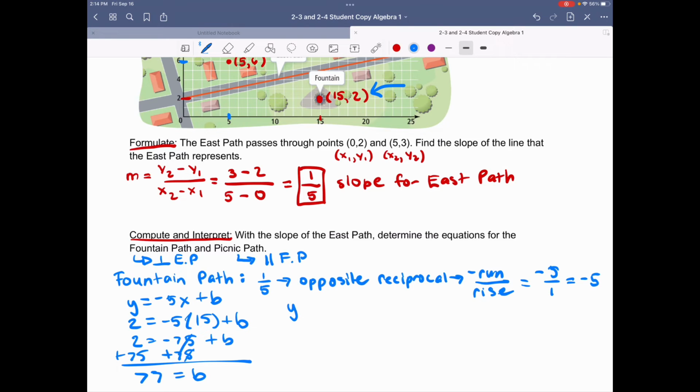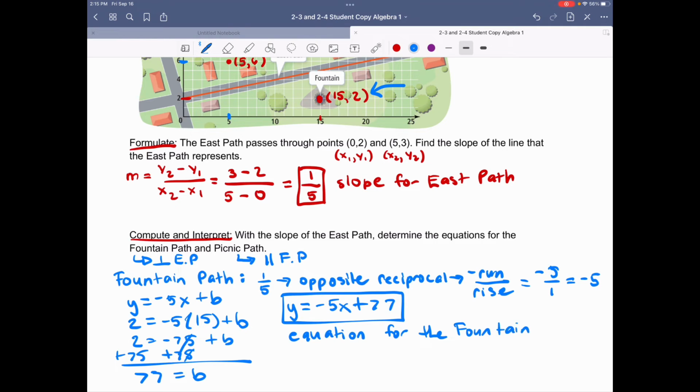So the equation for the fountain path is y equals minus 5x plus 77. And this was perpendicular to the east path.